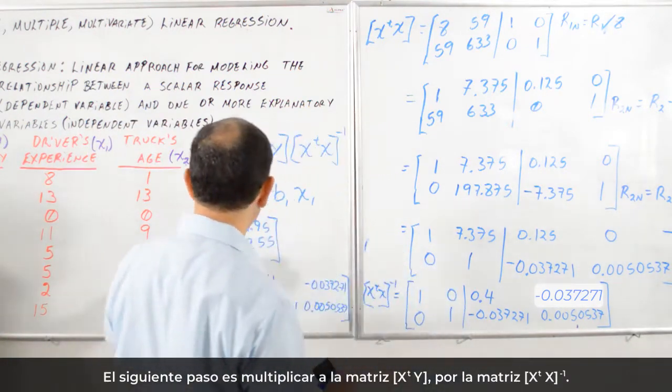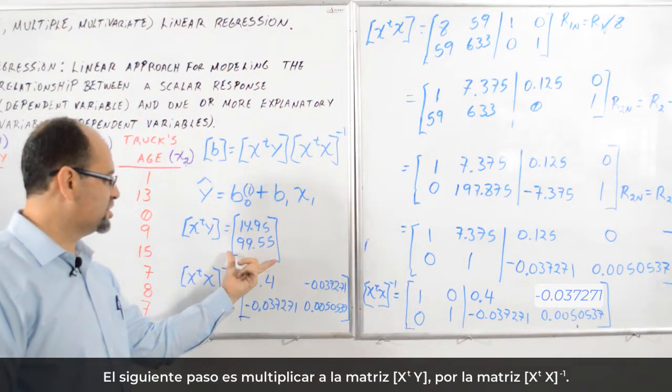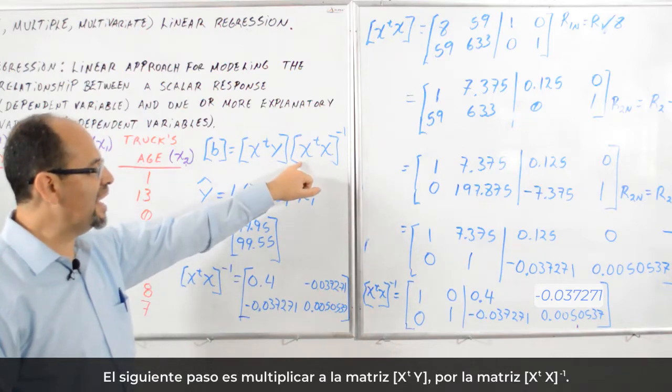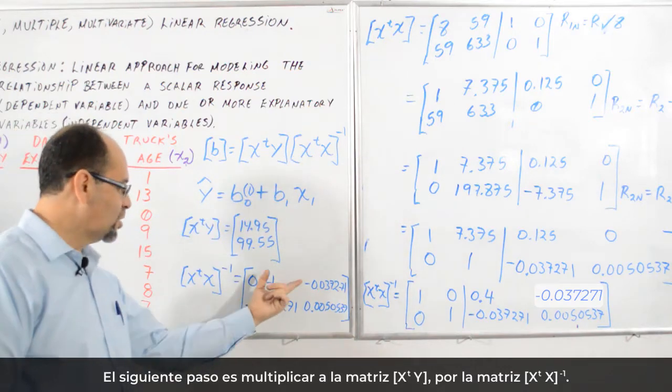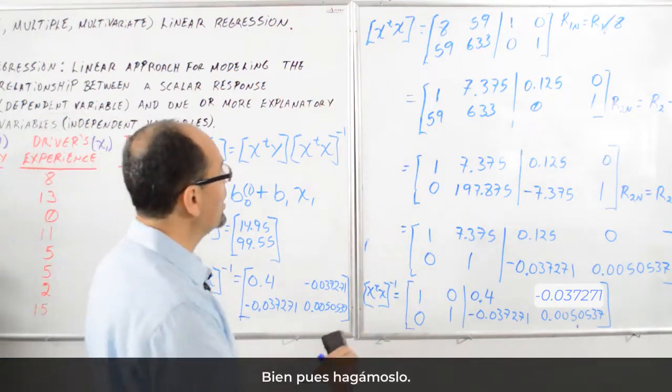Next step, I have to multiply X transpose X inverse by X transpose Y, which is this matrix. Let's do that.